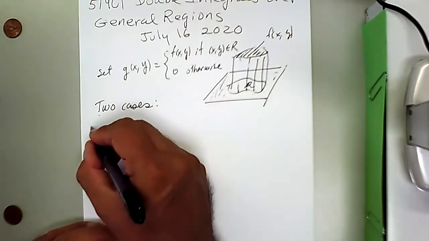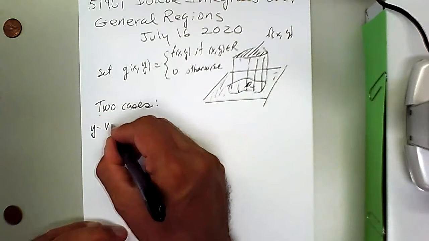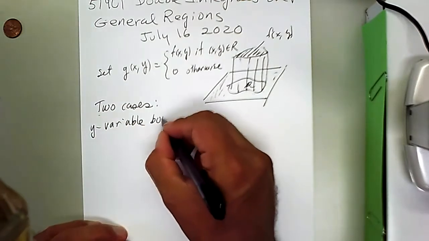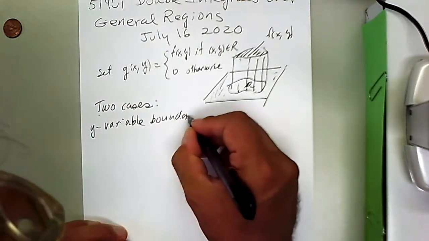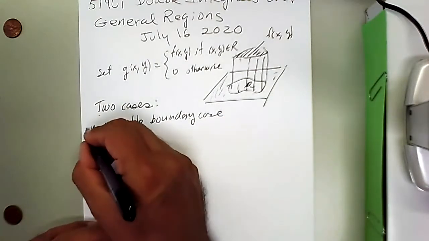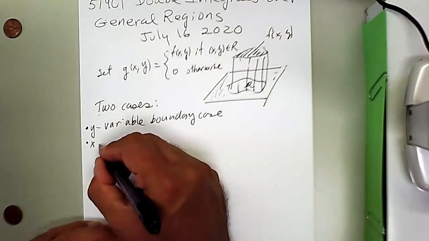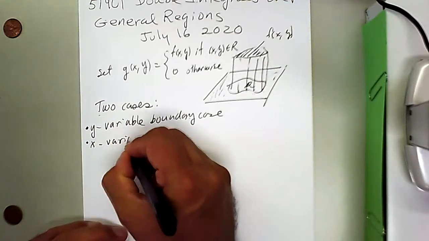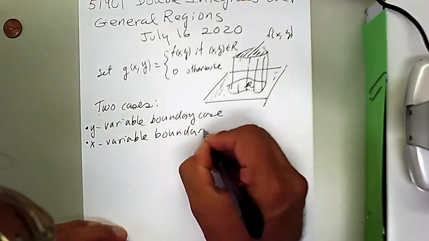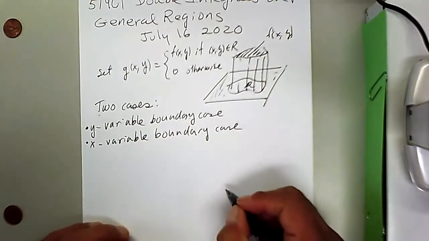We will have the y variable boundary case and, let's put a bullet here, the x variable boundary case.